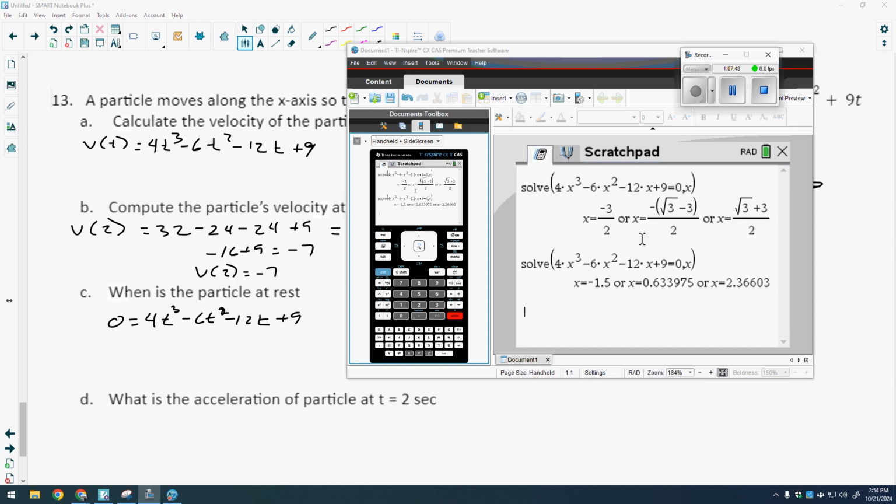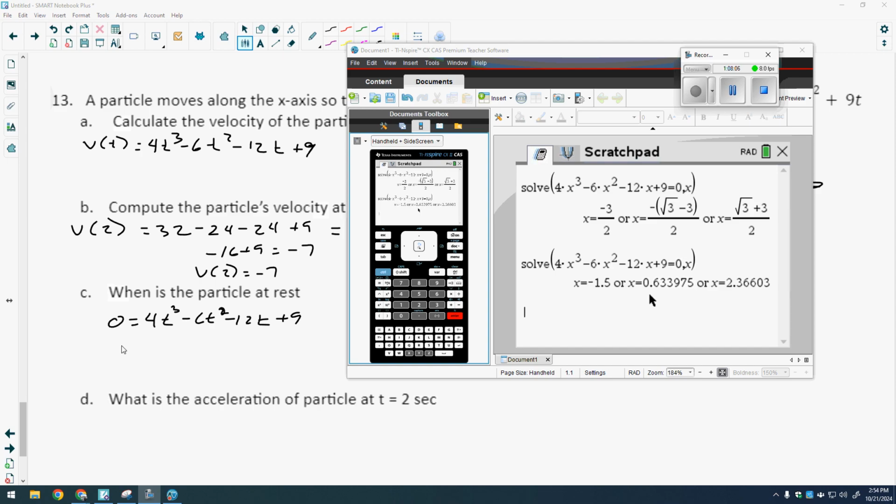If we look at this, I think we ended up right here where we got this answer. If you hit Control Enter, you'll get the approximate solution. It takes this big radical mess and gives you the approximate decimal. Negative time makes no sense. So question C, when is the particle at rest?